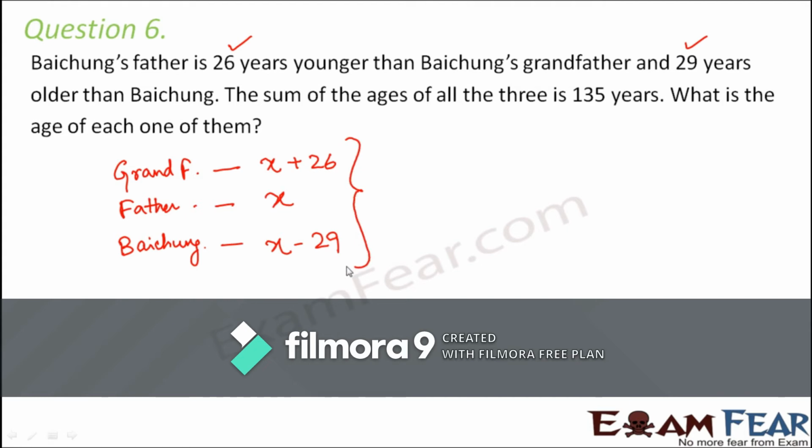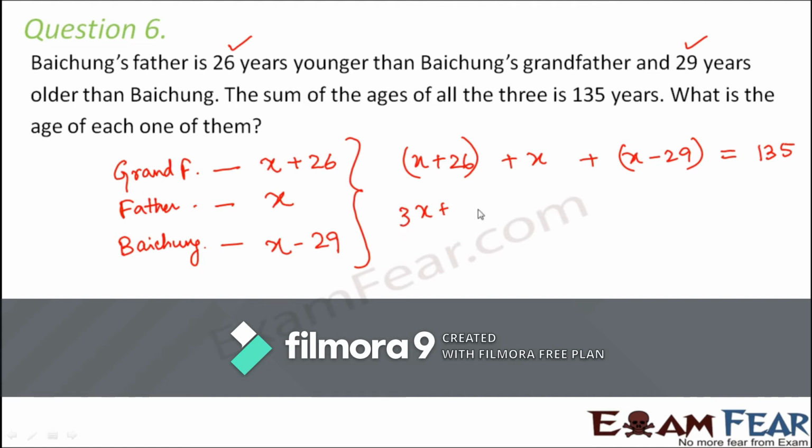Now with this assumption, what would be the sum of their ages? The sum would be x plus 26 plus x minus 29. So this would be the sum, but as per question, this sum is equal to 135. So basically this is now my linear equation. So let us try to solve this.